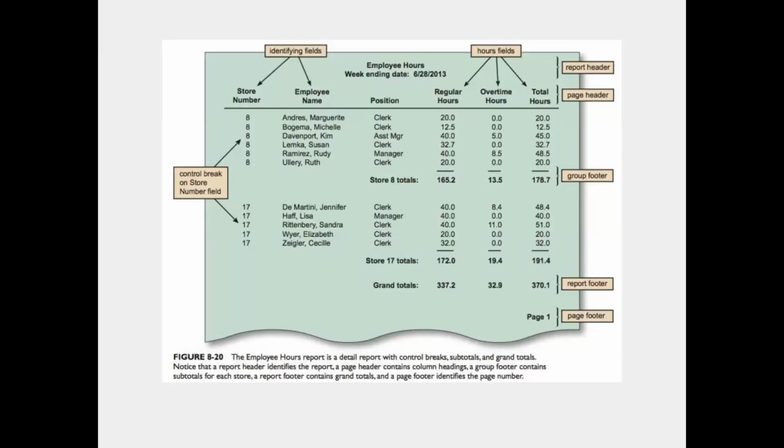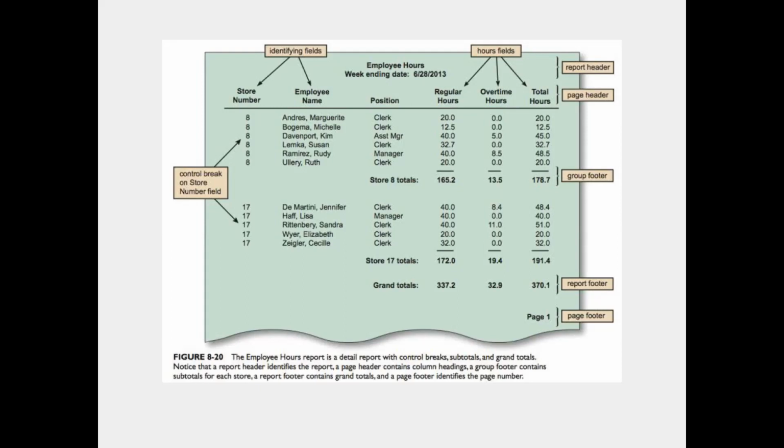So here is an example of an employee hours report with a detailed report. You can see store numbers, employee names, their positions, then different fields: regular hours, overtime hours, total hours.